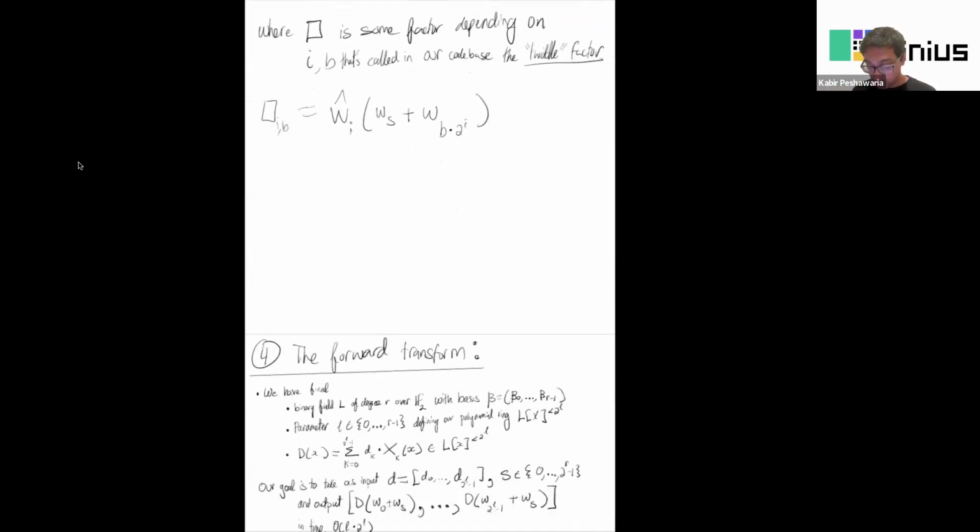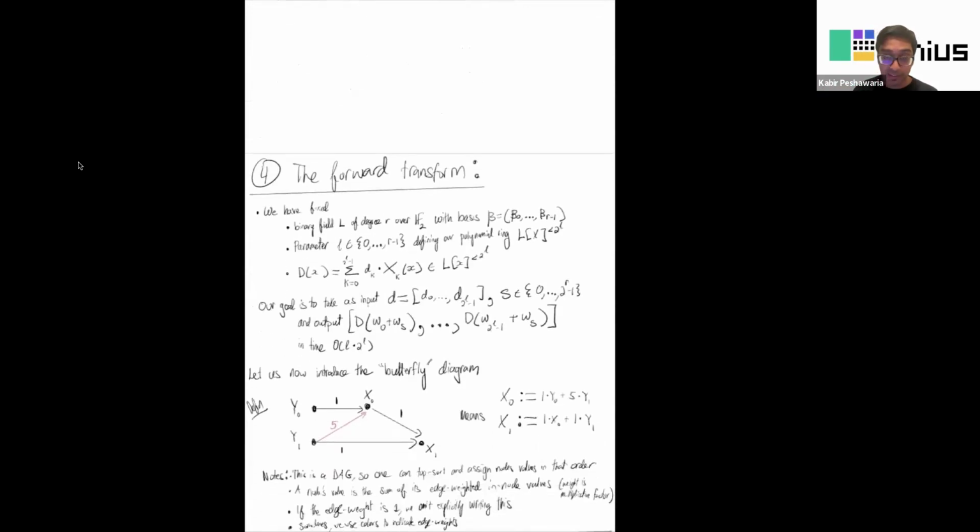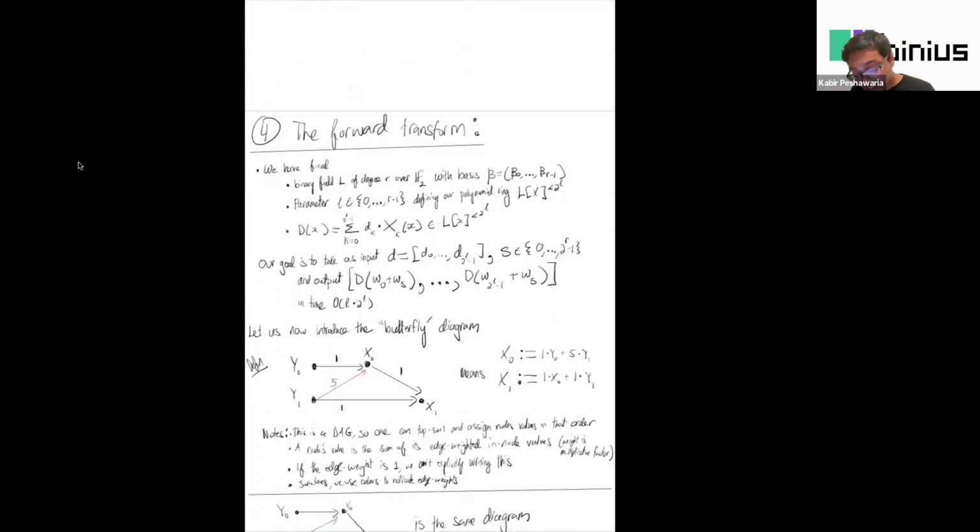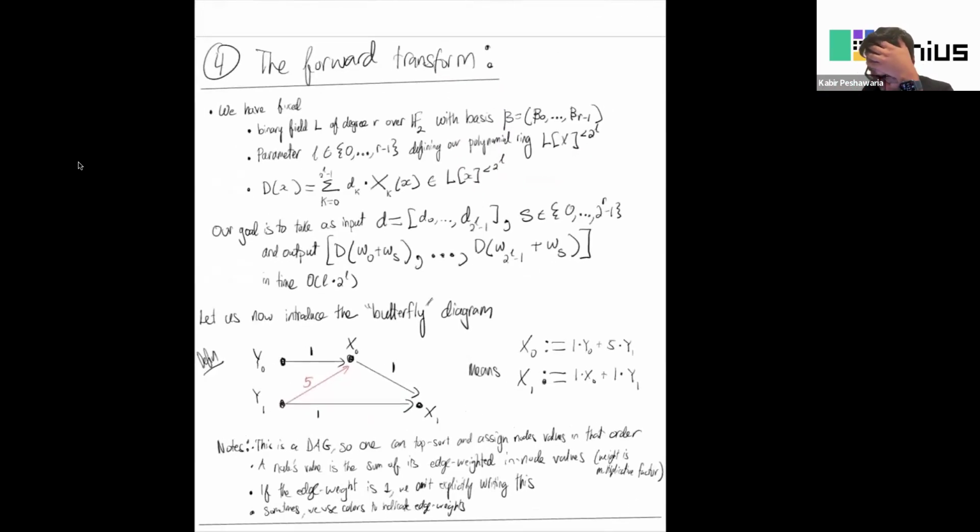So depending on your choice, hi again after 3 seconds or hi again after several minutes, we are now at section 4, the forward transform. Recap: we have fixed binary field L, degree R over F2 with this basis. We fixed the parameter little l, which basically defines our degree bound for our polynomial ring. And we have fixed an arbitrary polynomial, which is represented to us as a coordinate vector with respect to the novel polynomial basis.